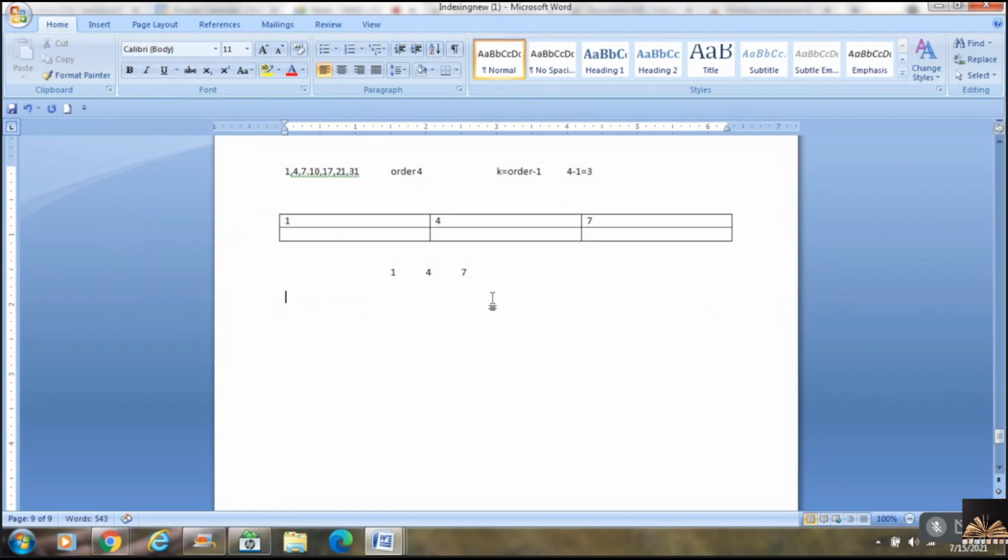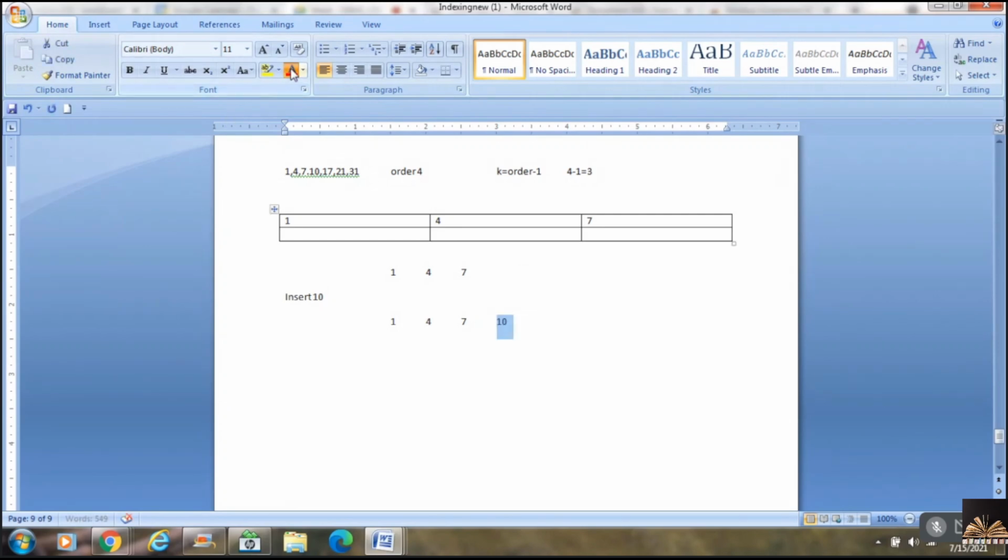Now I need to insert a value 10. It has to be inserted after 1, 4, 7, and this is the new element that needs to be inserted, 10.